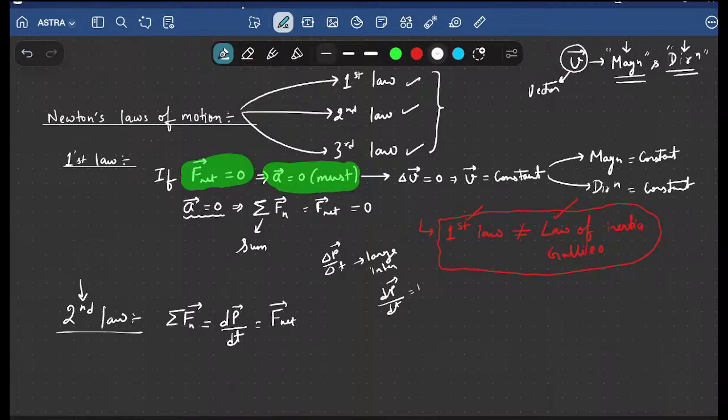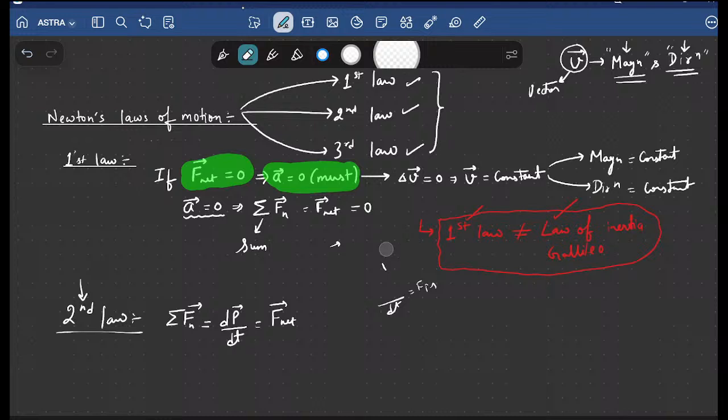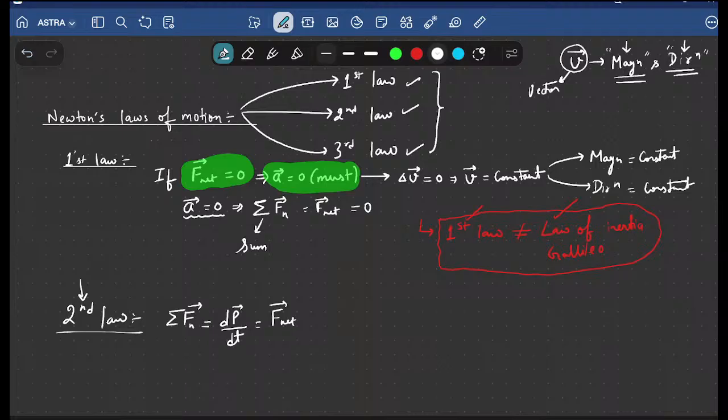So it gives us instantaneous force, and the other gives us average force. That is the only difference. The meaning is the same, the force remains the same, the definition remains the same. In the whole of physics you can generalize it: if the change in something by time is there, if the time interval is large, then it will give you average, and if the time interval is small, then it gives you instantaneous. That's it.